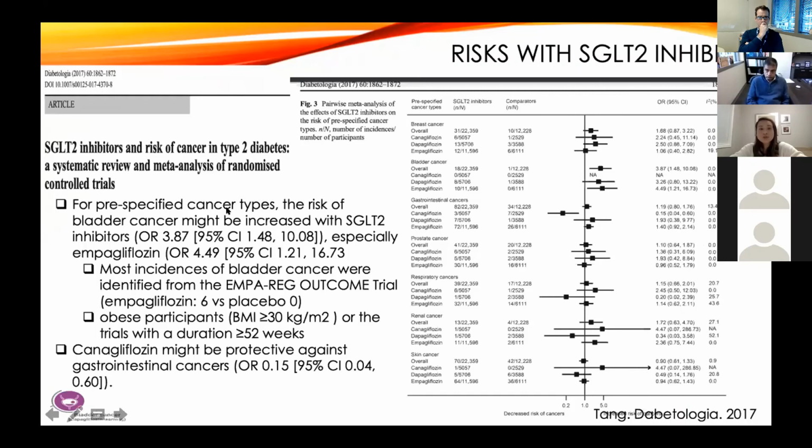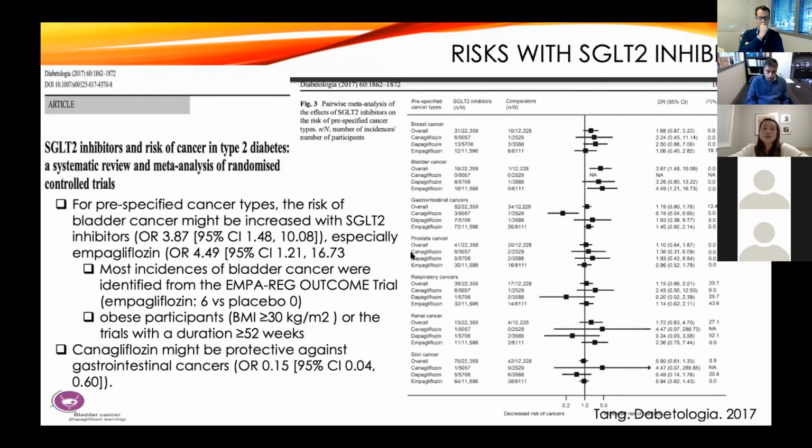For pre-specified cancer types, they saw that bladder cancer is increased, especially with empagliflozin. Most of the cases were found in the empagliflozin study, 6 versus the placebo. However, when they looked deeper, the bladder cancers were really rare, so just a little change in the number in each group magnifies the percentage.